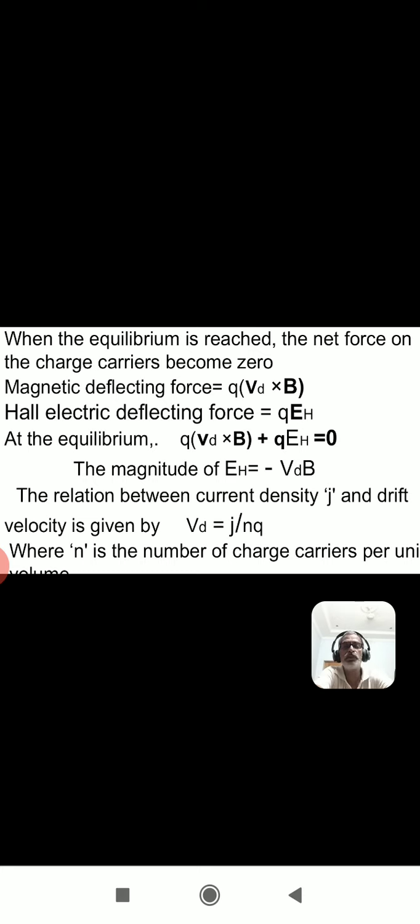The magnetic deflecting force that acts on the charge carrier is equal to q times (Vd bar cross B bar).